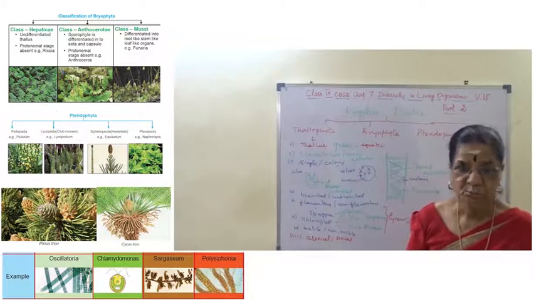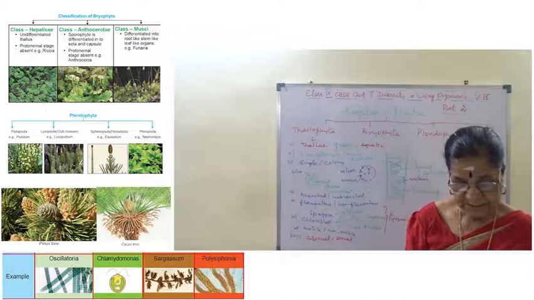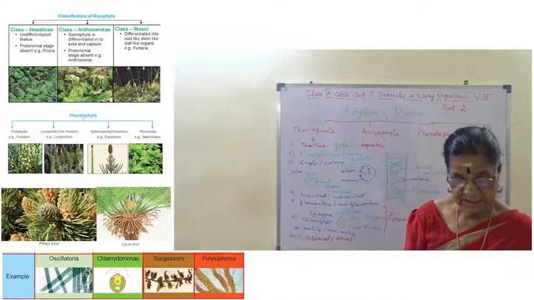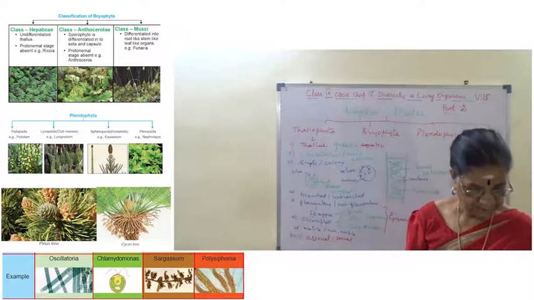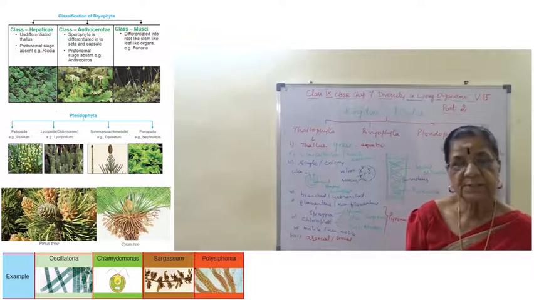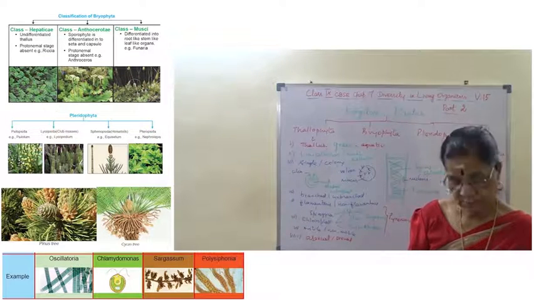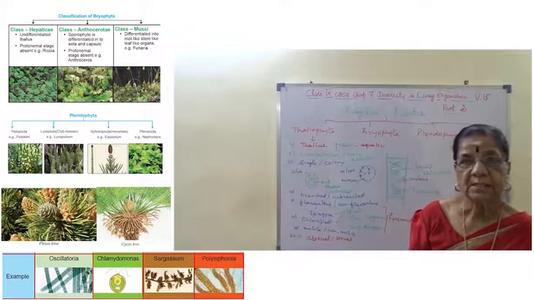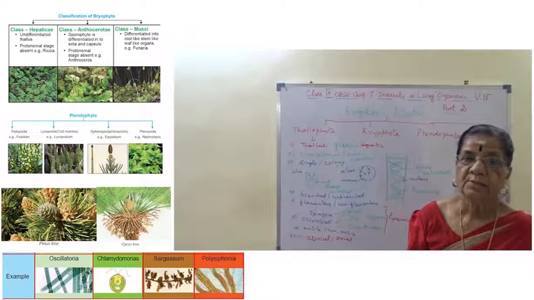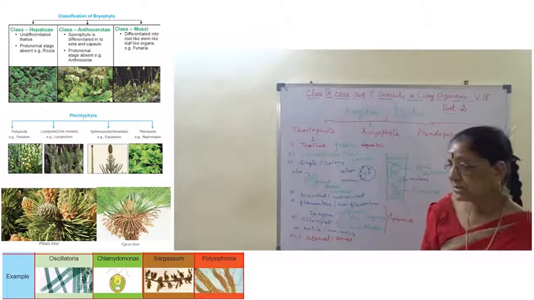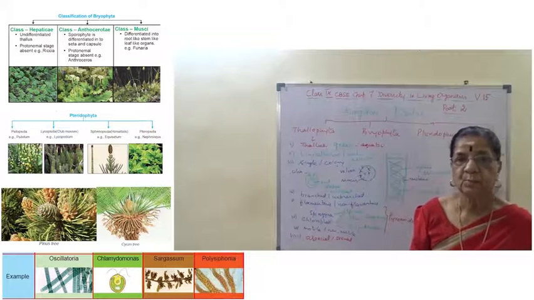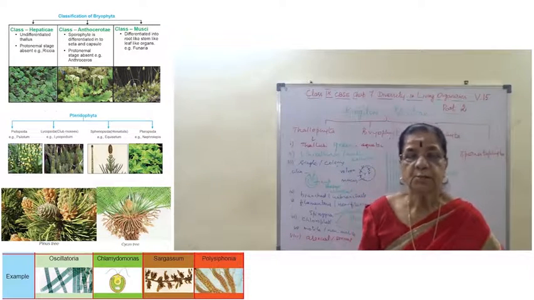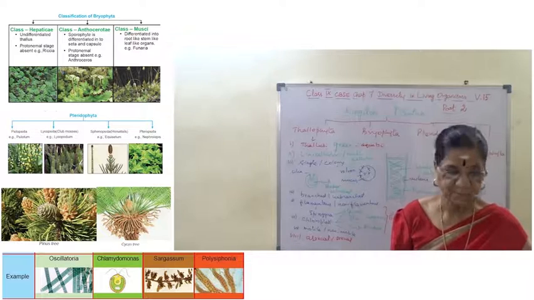Bryophytes include liverworts and mosses. Liverworts have a thallus-like plant body, whereas mosses show a root-like, stem-like and leaf-like plant body. But they are not the true root, stem and leaf.